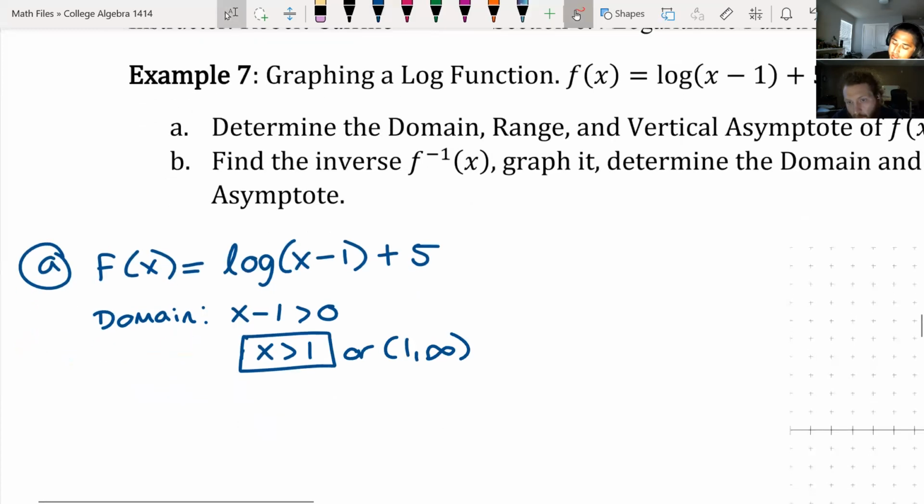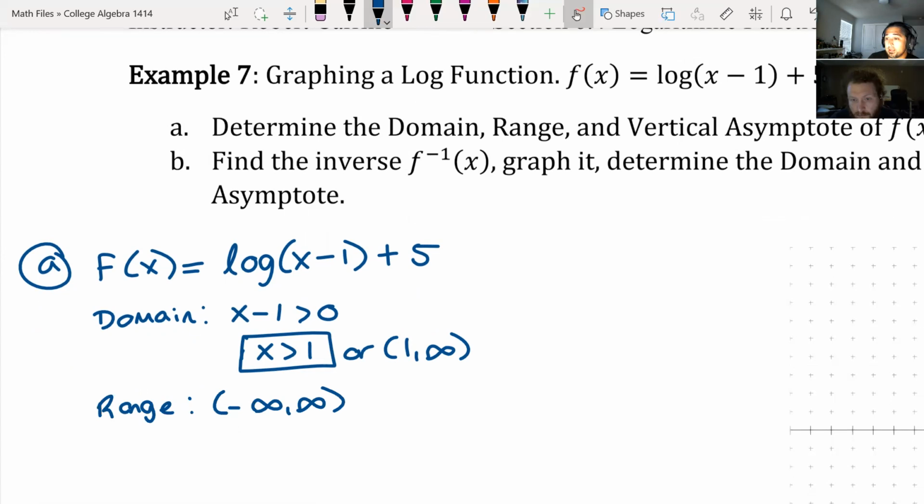And then, what is the range for all log functions? All real numbers. All real numbers. There we go.